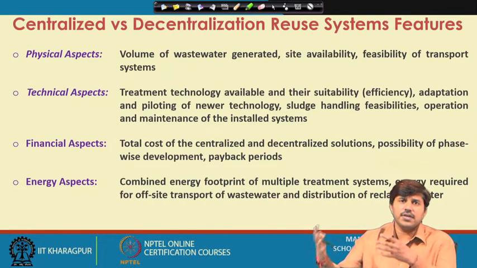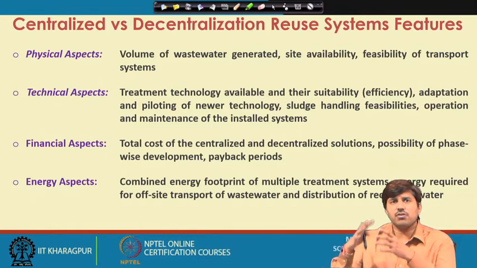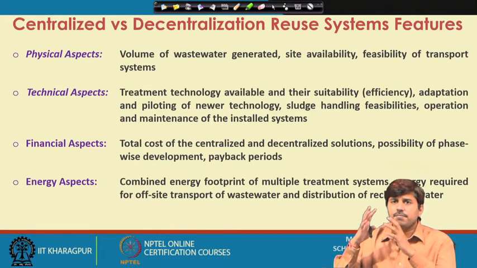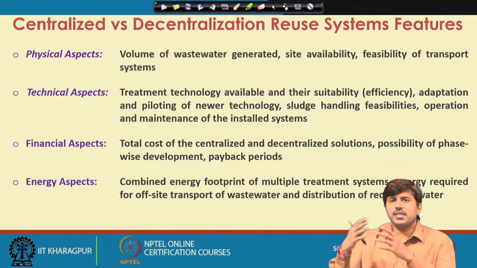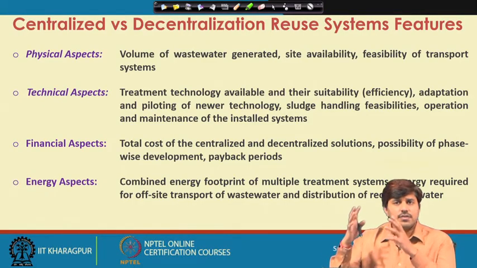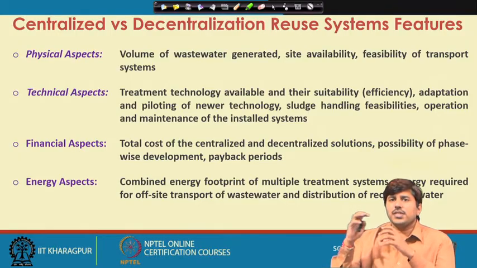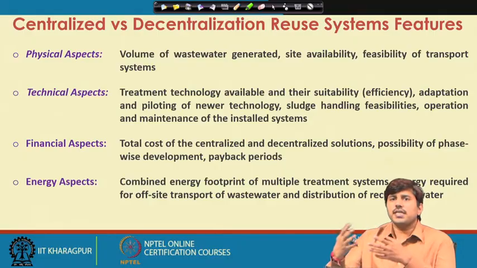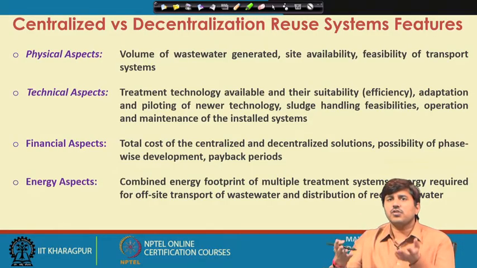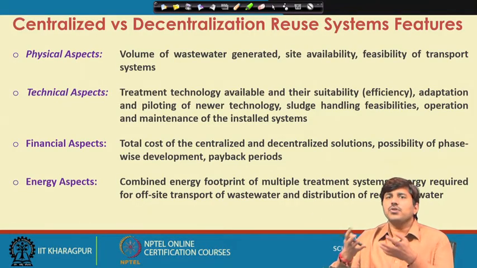So, the chances of failures and managing those distances become quite costly affairs in centralized systems, whereas in decentralized systems the cost of transportation is very minimal. But having so many treatment plants at different locations, the combined cost has to be properly evaluated to see which option is more cost effective in terms of the overall solution.